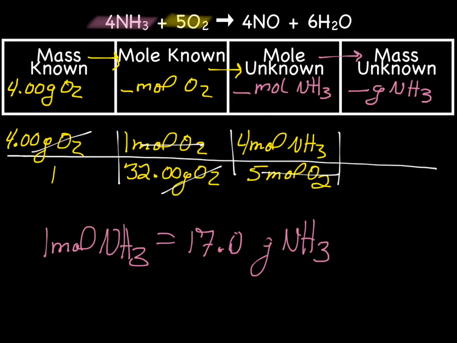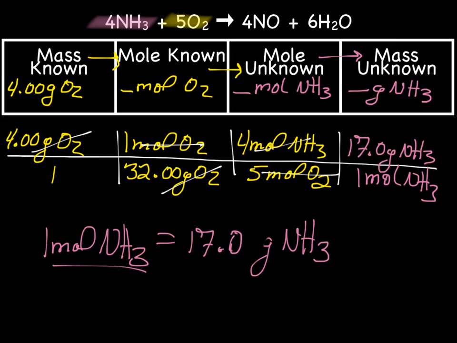So our molar mass of NH3 will be 17.0 grams NH3. All right, we'll put the 1 mole NH3 on the bottom and the 17.0 grams NH3 on the top. They cross out. We're at grams NH3, which is where we expected to be, and that also shows us that we're done with setting up the problem, and all we have left to do is calculate.